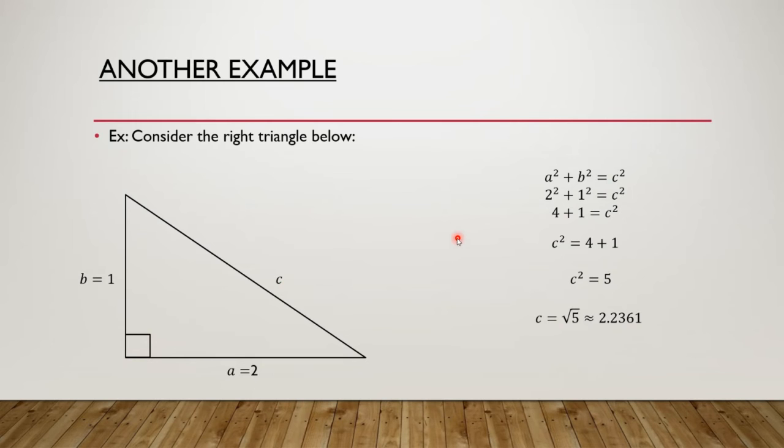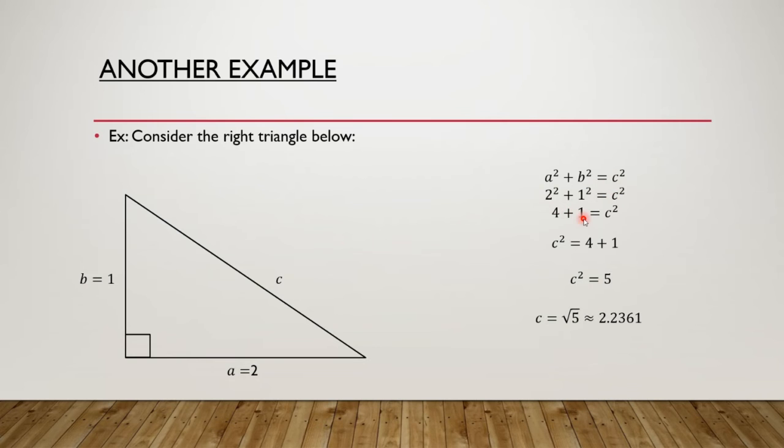Okay. So we have a squared plus b squared is c squared. So we have 2 squared plus 1 squared, right? We have one leg is 2, that's a. This one, b is 1, 1 squared. 2 squared plus 1 squared is c squared.